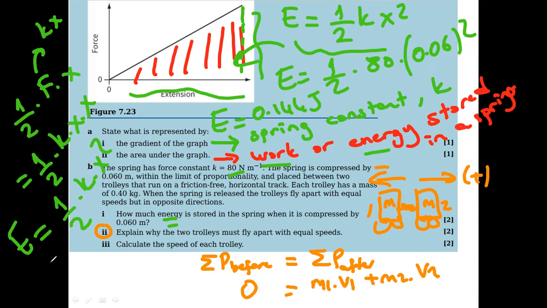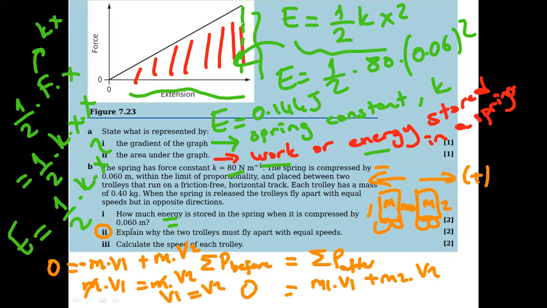And from here, 0 is equal to m1, but both of them have the same mass, so let's say just m times v1. v1 is to the left side, so let's put minus v1, plus m times v2, which is to the right side, positive, just v2. If you take the negative to the other side, it will be like this: m times v1 is equal to m times v2. Now cancel m. What is left? v1 must be equal to v2. So we have proved this one.